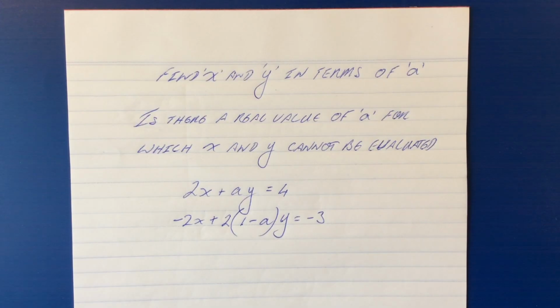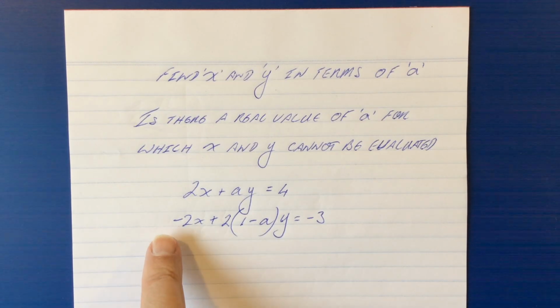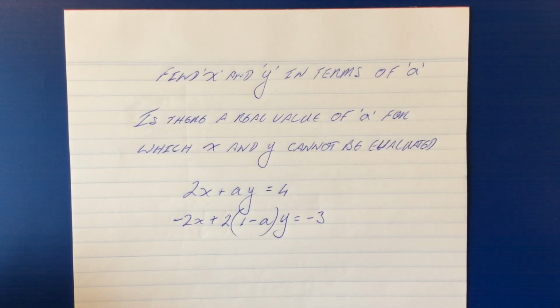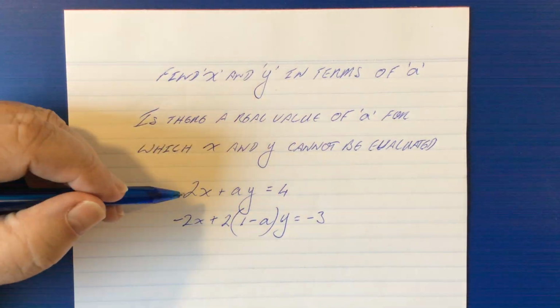And how do we go about this? Well, I think what we'll do is we'll add everything together and see what we get. It's not the only way in which we can do this, but I think this will work.